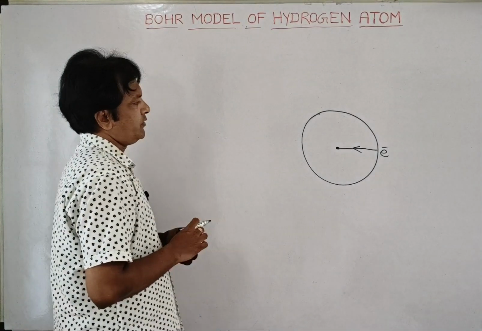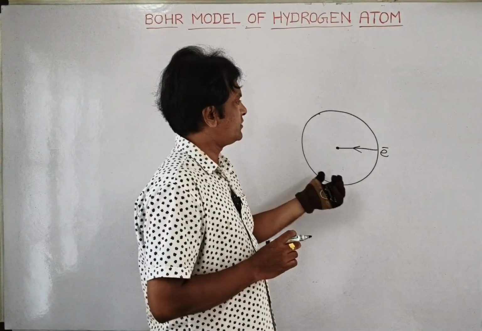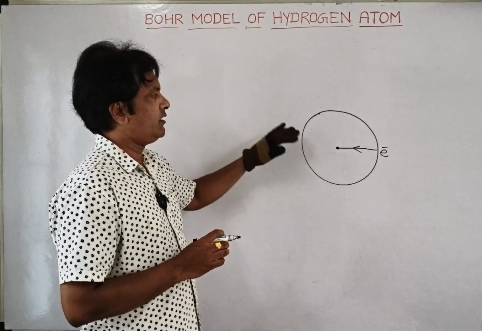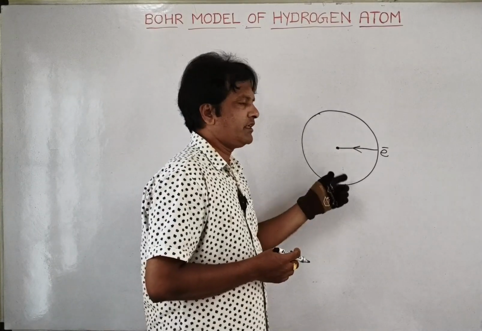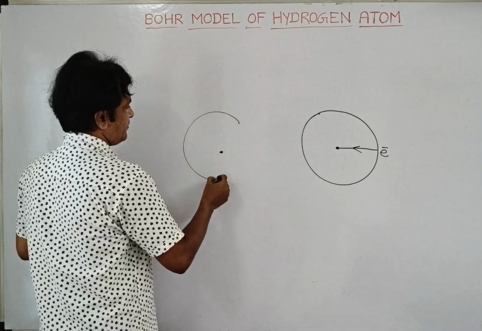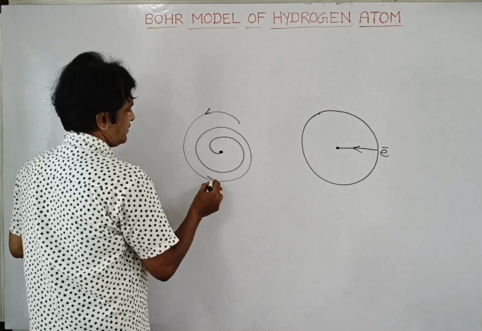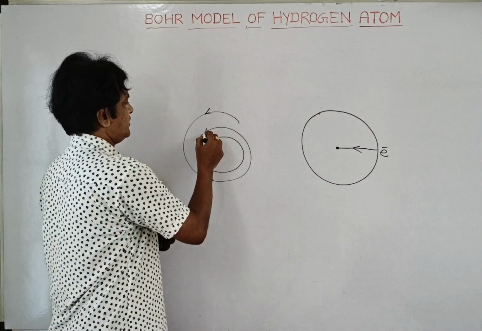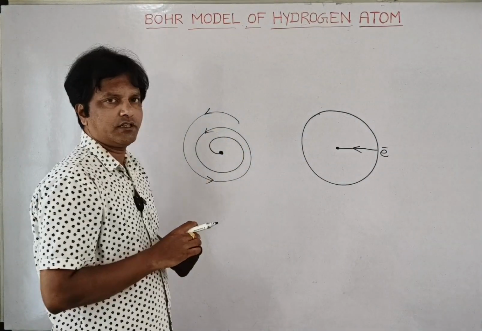Before that, we see that whenever an electron is continuously emitting radiation as per electromagnetic theory, which could not explain the stability of the atom, whenever the electron is rotating in the circular orbit, finally the rotation will end at the nucleus. In this process, the angular velocity and the frequency will also change because it is continuously moving into a smaller radius while doing the circular orbit.